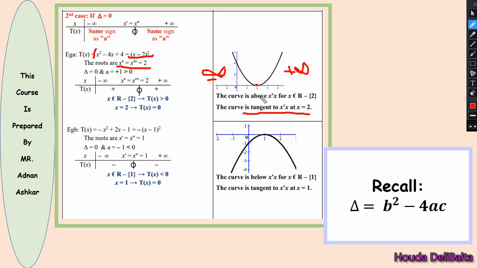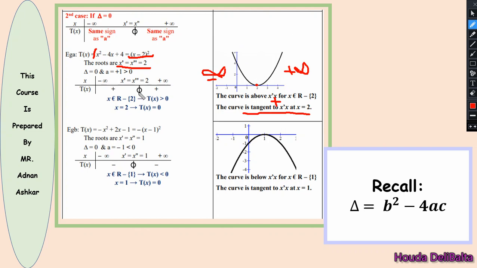The curve is above the x-axis if x belongs to R minus {2}. Above the x-axis means plus. So from minus infinity till 2 we have plus, and again from 2 to plus infinity we have another plus, because the curve is positive.